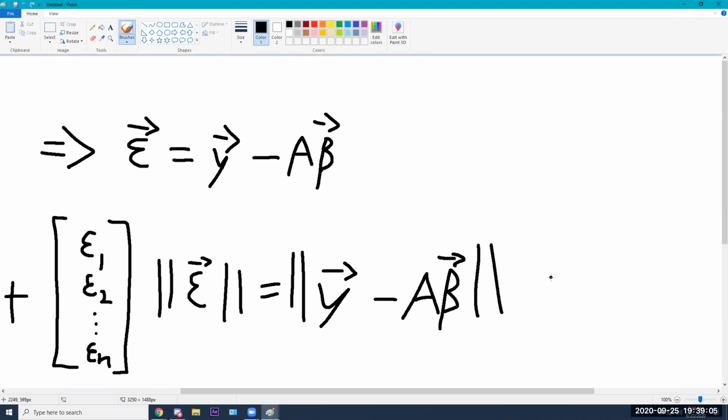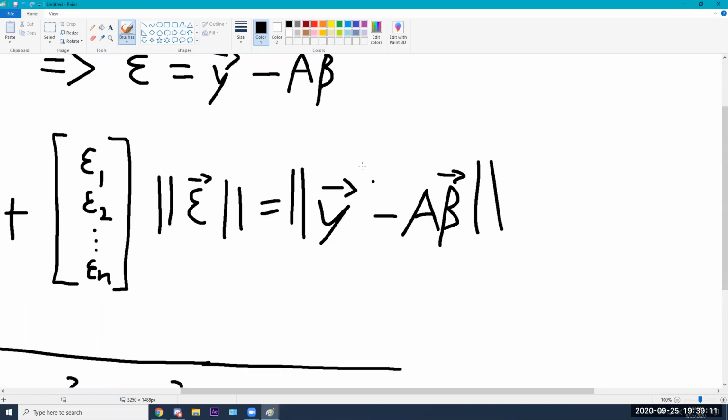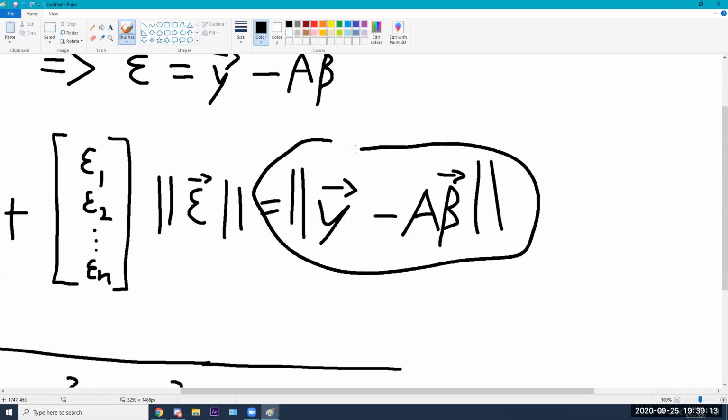And so now we have our error function. This is our error function, so this is what we're trying to minimize here, trying to minimize the error.